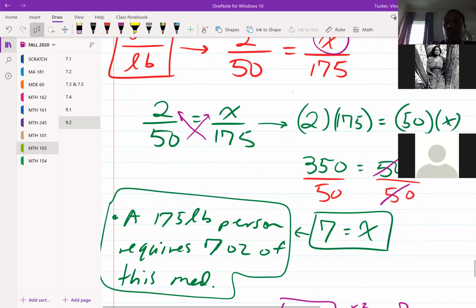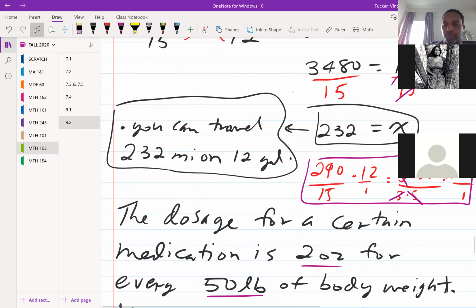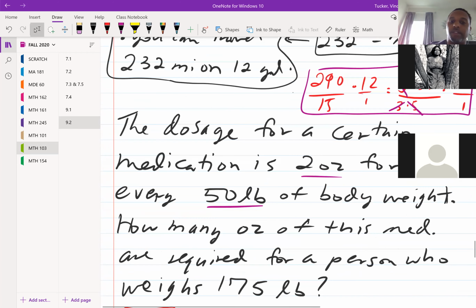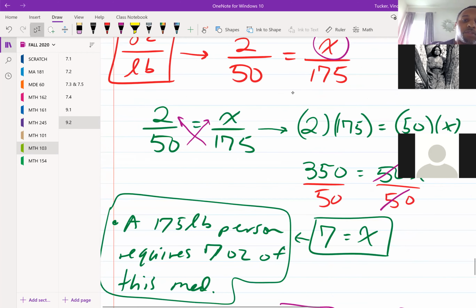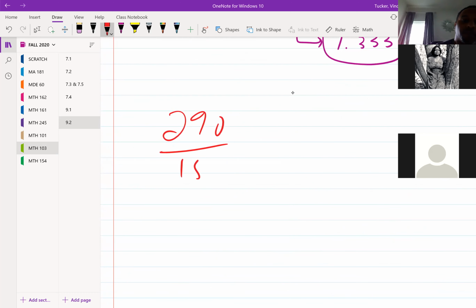Now, like I said, let's go back to the one that we were talking about. I got to get those numbers. That was 290, 15. So basically, it's 290 over 15. When you divide that out, 290 divided by 15, we get 19.3 repeated. All right.